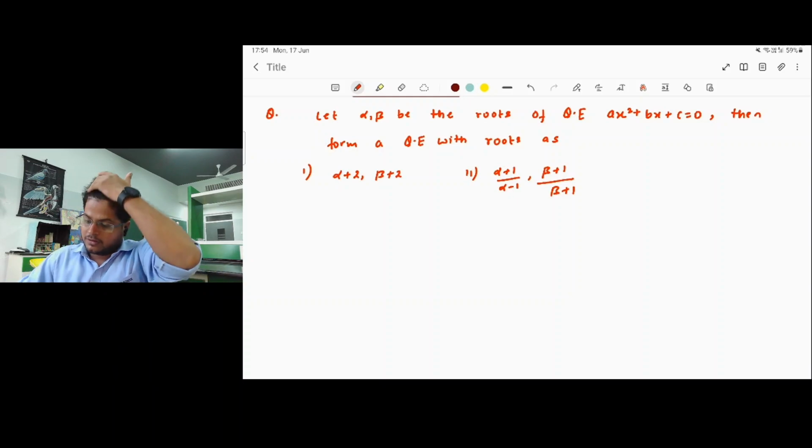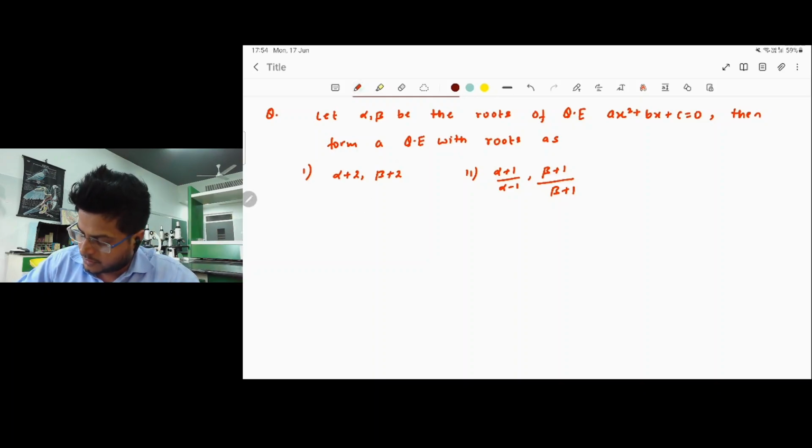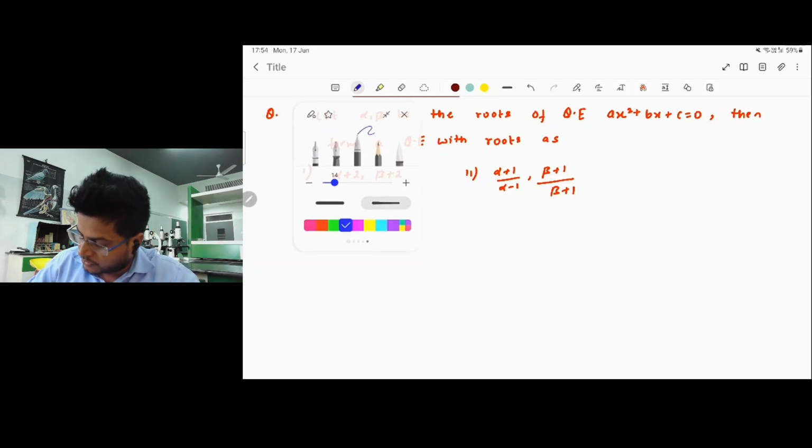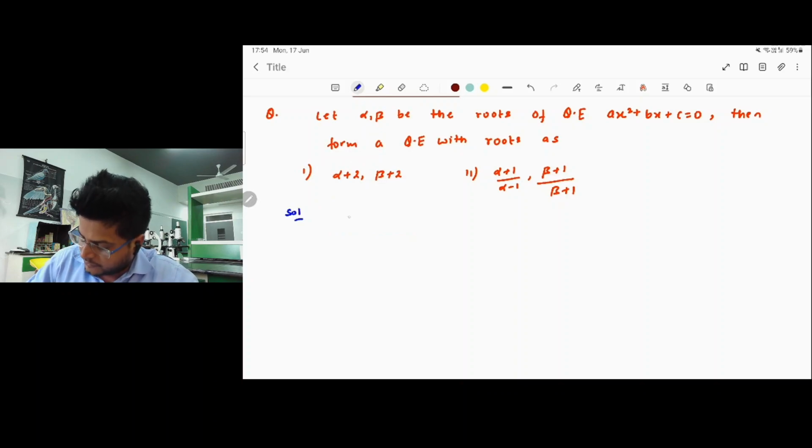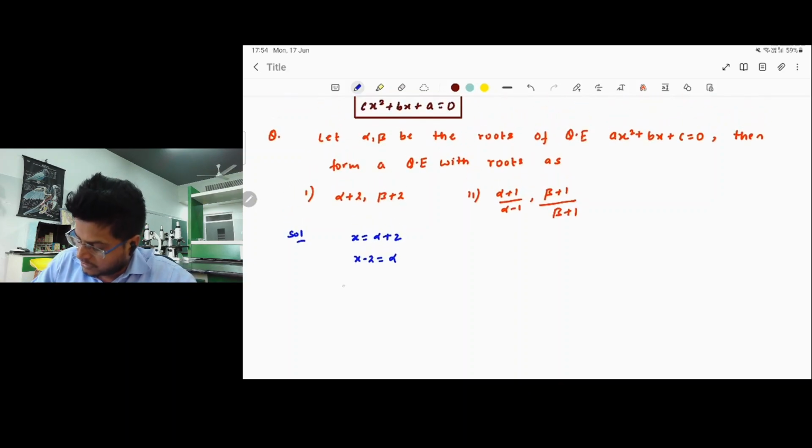Okay. So let us do the first one, which is a pretty easy one. Quickly we'll be able to do it. So solution. First step, x equals alpha plus 2. So we got x minus 2 equals alpha, and then replace in the original equation. So what we got? A times x minus 2 whole square plus b times x minus 2 plus c equals 0.